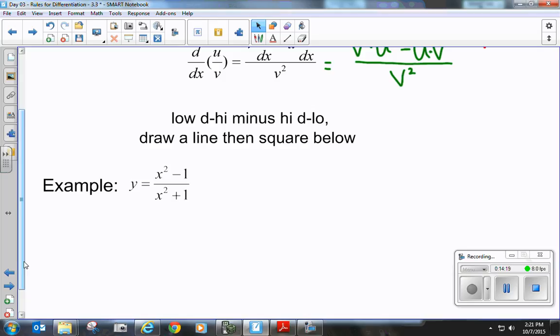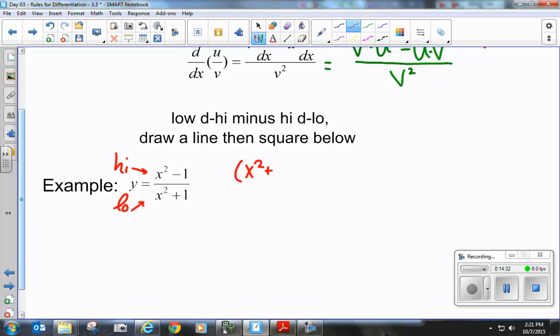All right. Here's my low. Here's my high. So it is low, x squared plus 1, times the derivative of the high, d high. What's the derivative of the high here? 2x, minus high, which is this itself, x squared minus 1, d low.